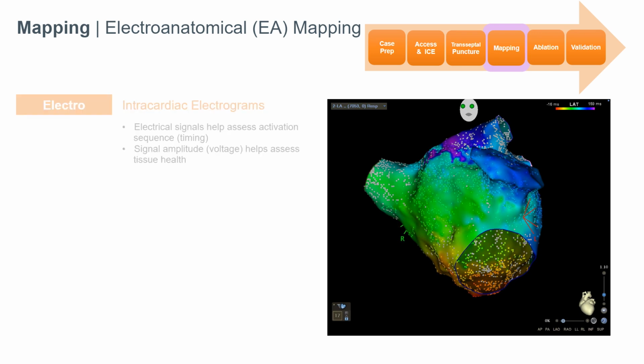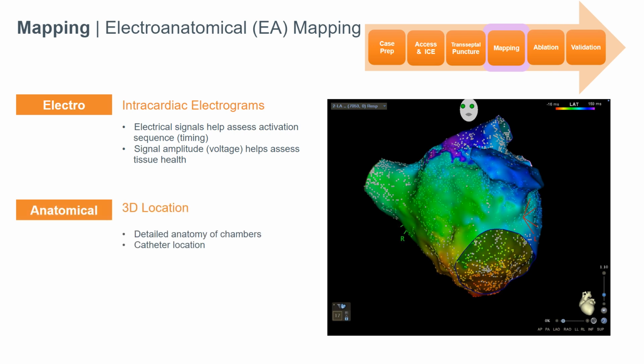First, electro refers to the electrical data the system collects from intracardiac electrograms. Next, anatomical refers to the three-dimensional location information of the detailed cardiac anatomy and the real-time location of the catheters inside the chambers. Finally, mapping refers to the ability to record and catalog the data collected in each location using CARTO3 system-compatible catheters.